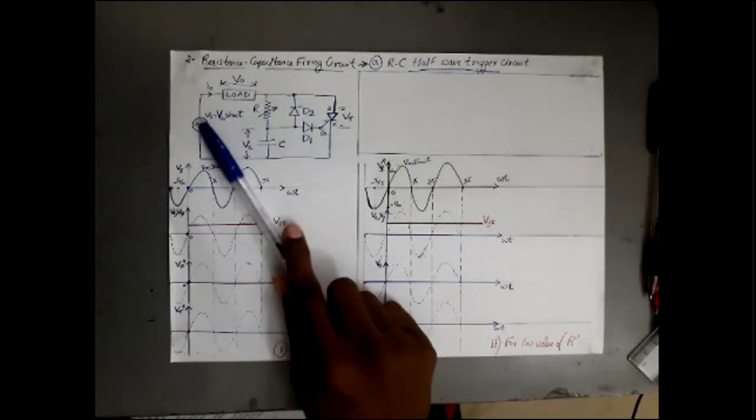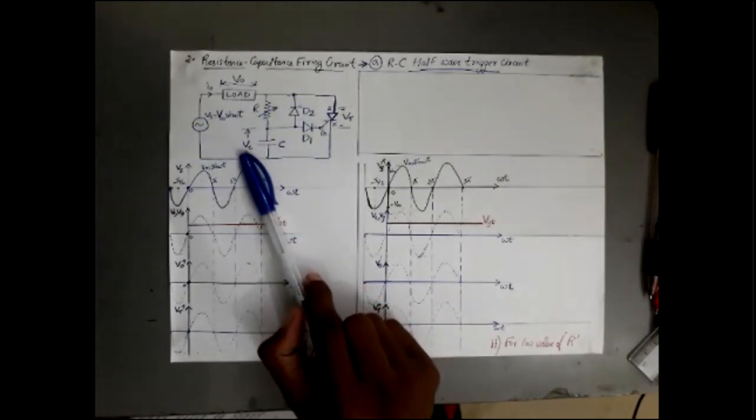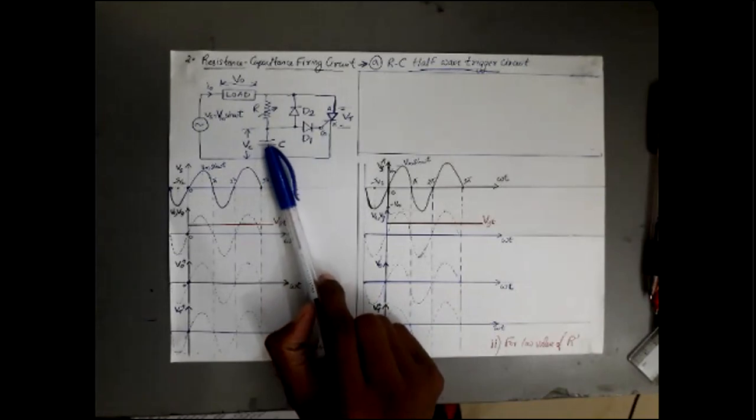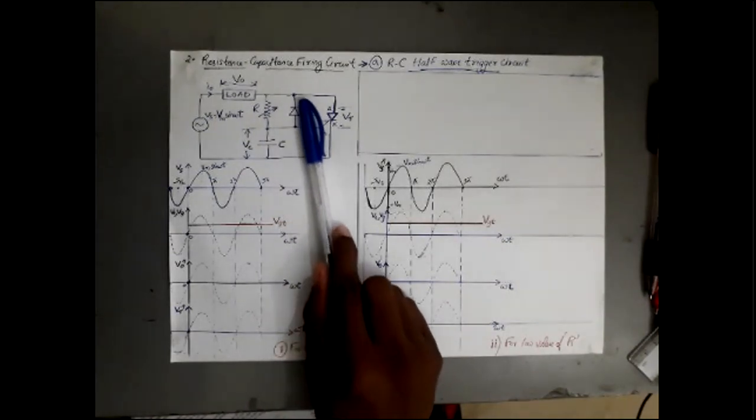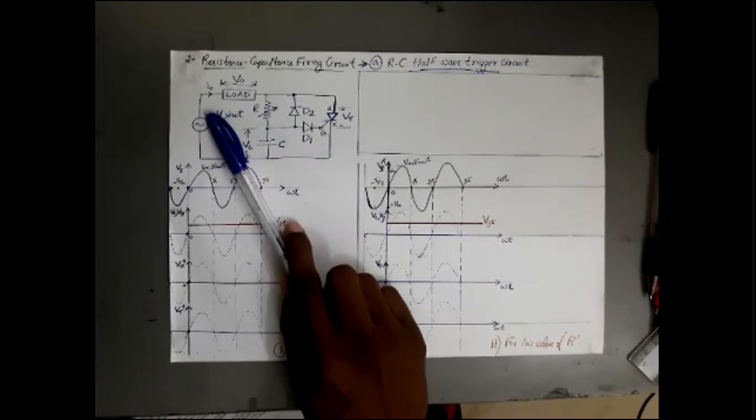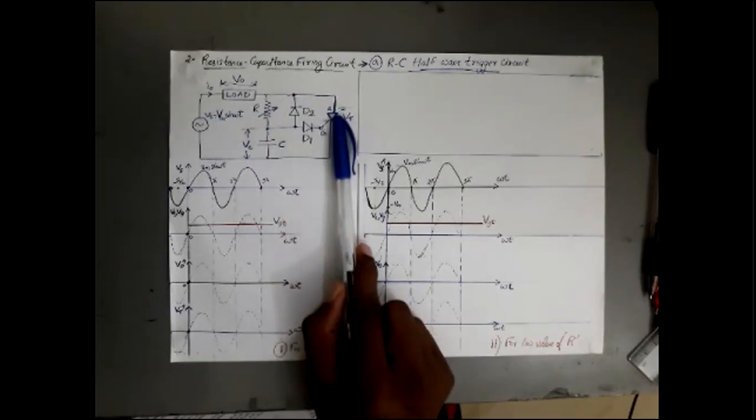That is the use of D2. During the negative half cycle, a small current will be flowing through the capacitor and D2, and the circuit will be closed due to the presence of D2.